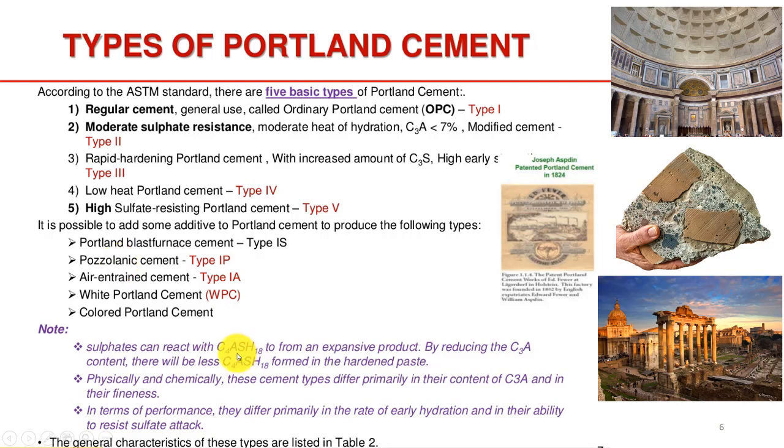I mean the ettringite, which is formed as a result of a higher expansion, which causes the cracks. The cracks induce a durability problem.